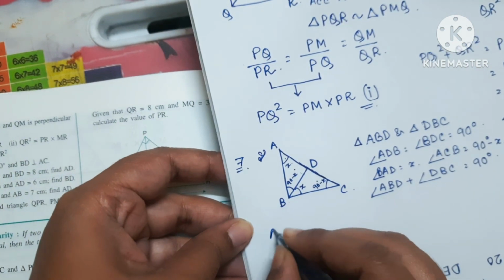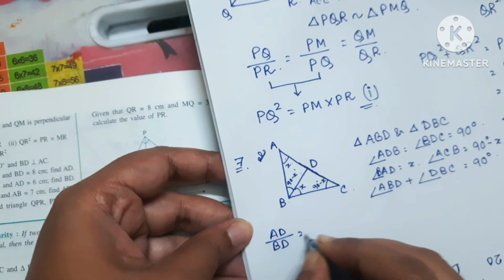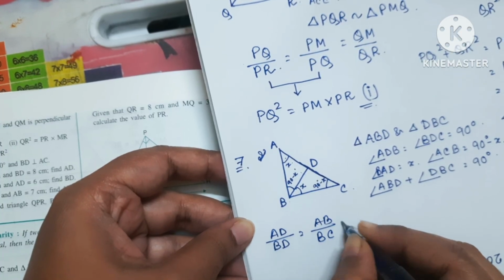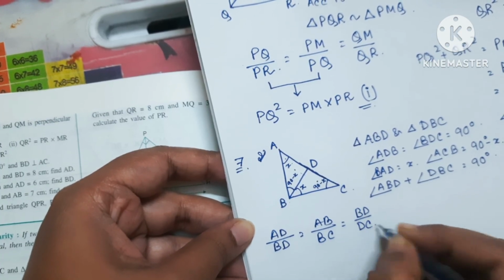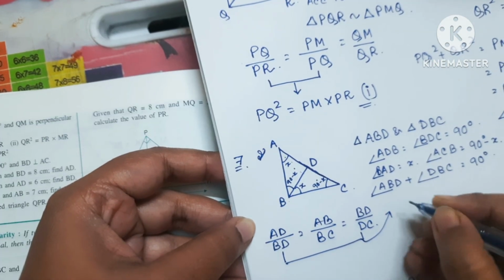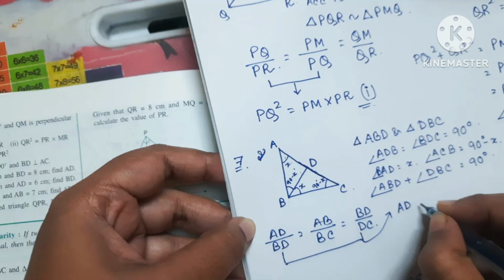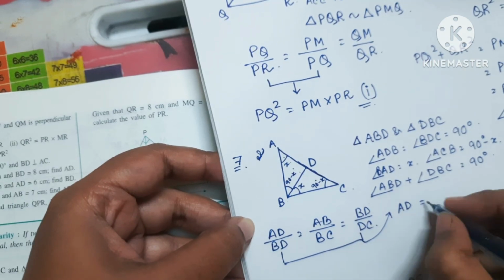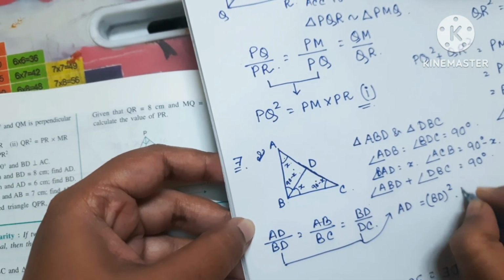So AD by BD is equal to AB by BC is equal to BD by DC, right? So from this, you can write AD is equal to BD square into DC.